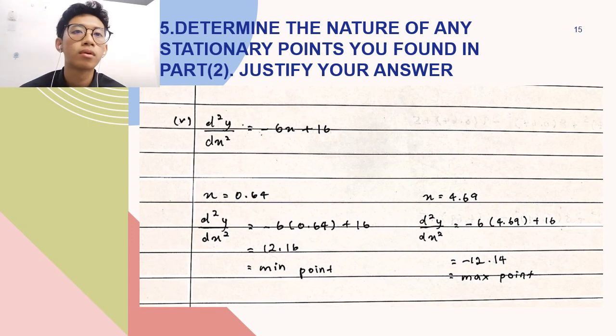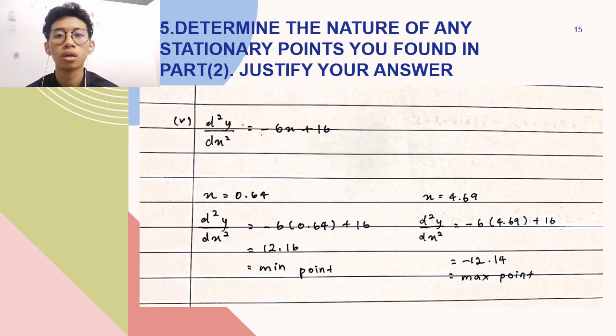Number 5 is to determine the nature of any stationary points you found in part 2. Justify your answer. d²y/dx² equals negative 6x plus 16. The final answer has 2 points, x equals 0.64 and x equals 4.69.